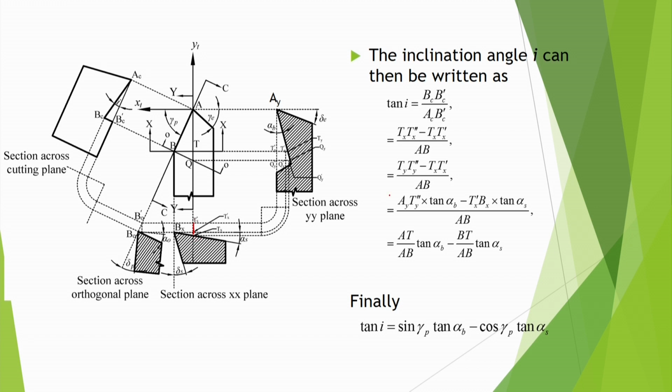It will naturally look the same in the YY plane. In the YY plane, Tx double dash becomes equal to Ty double prime, so that height becomes Ty double prime. Here minus Tx dash will remain as it is, and we put AB.